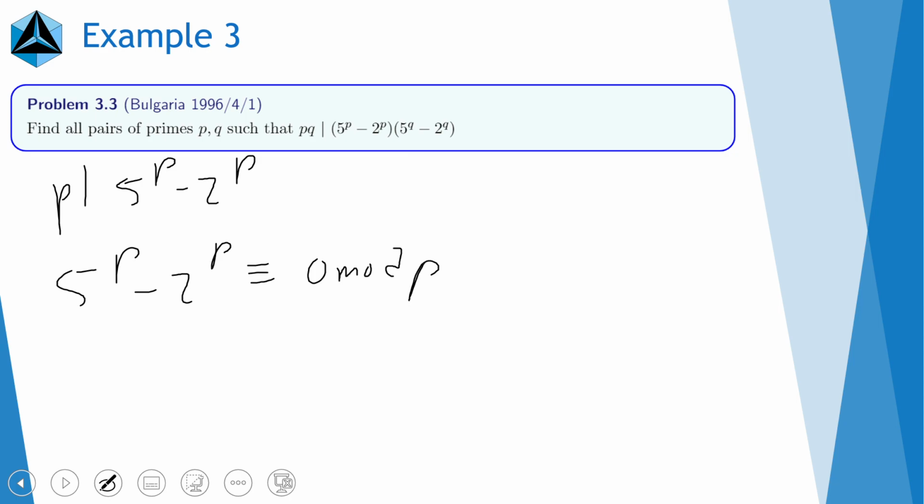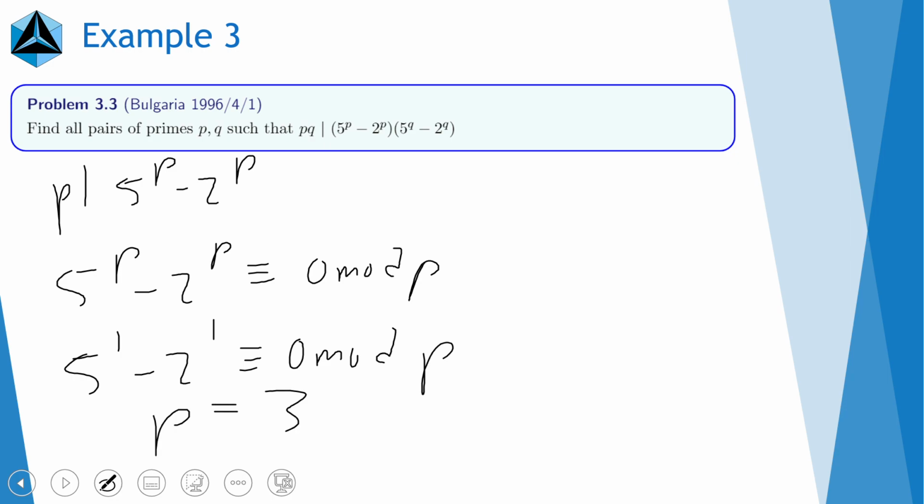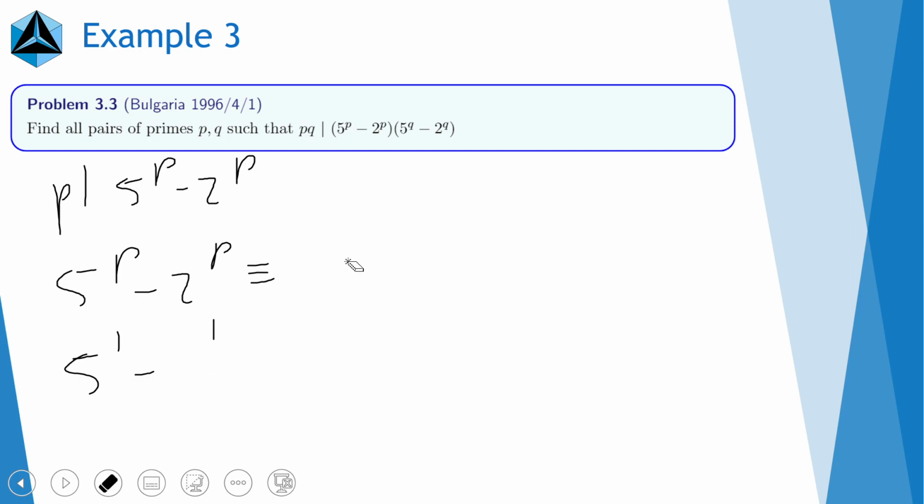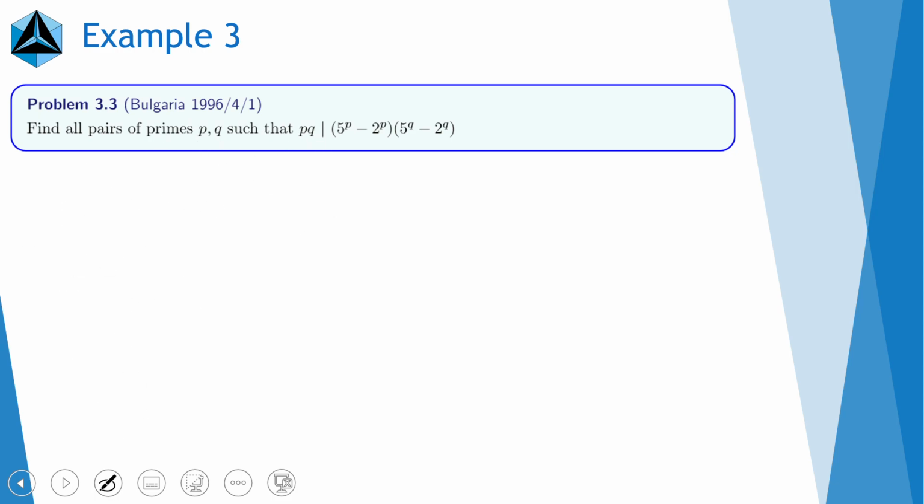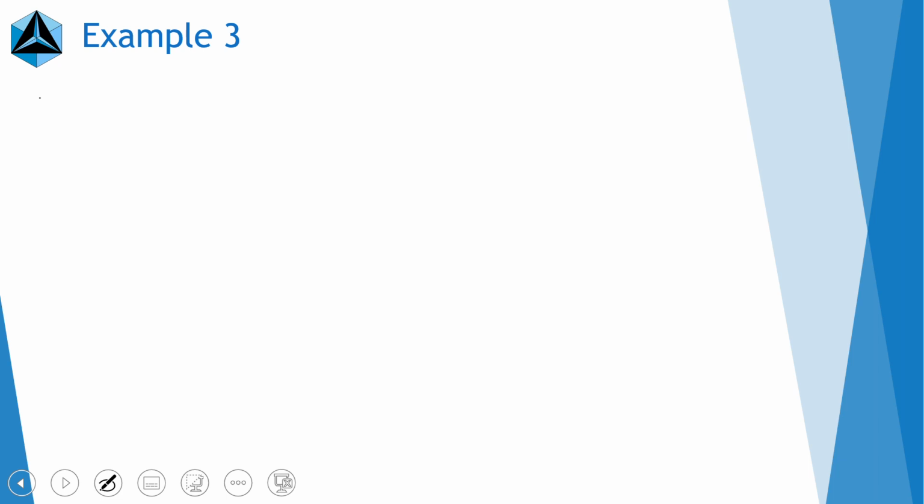By Fermat's little theorem, we get 5 to the 1 minus 2 to the 1 is congruent to 0 mod p, which gives us that p has to equal 3. There's no other p that works. And this goes the same for q. So in our first case, we have the pair p and q equal to 3. So we'll log that on our next page just for safekeeping.